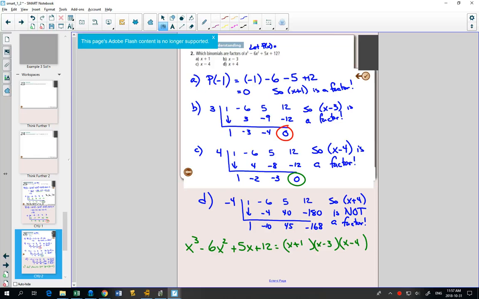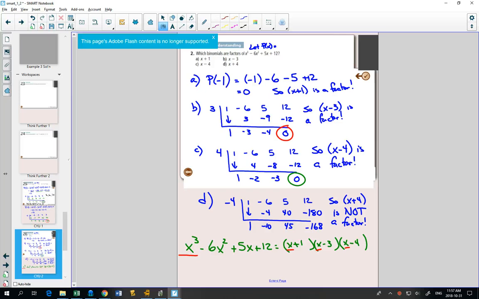How do I know that's all the factors? My first term is x cubed. Why would this be that there cannot possibly be any more? If I look at all my first values, x times x times x will give me x cubed. If I add another factor, I'll get an x to the 4.